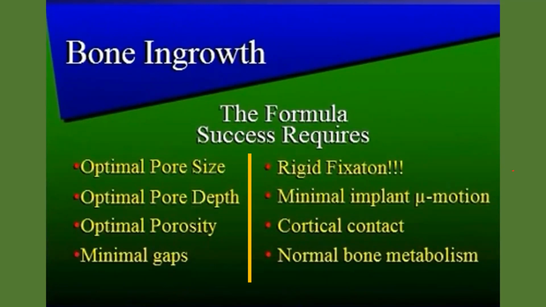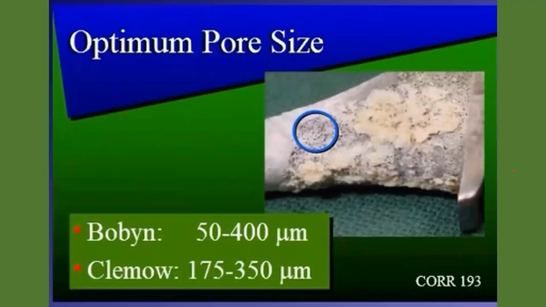The formula for success requires an optimal pore size, an optimal pore depth, an optimal porosity, minimal gaps, rigid fixation, minimal implant micromotion, cortical contact, and normal bone metabolism. This shows you the normal pore size. There have been varieties between 175 and 350 or 50 to 400, but we've chosen between 50 and 150.